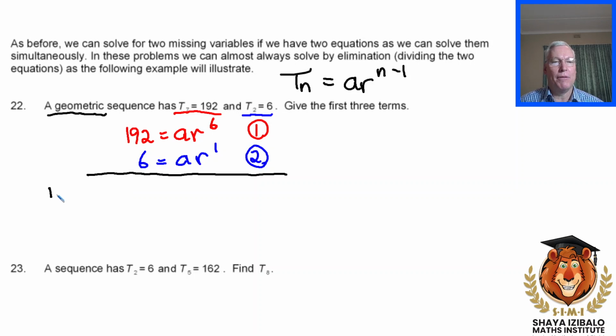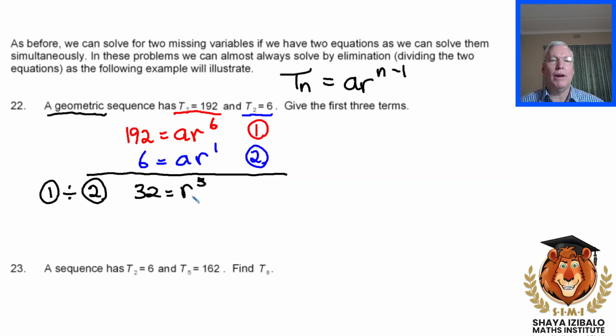If we divide them, so we're going to go equation number 1 divided by equation number 2, what we get here, 192 divided by 6 is actually 32. What we get here, the A's divide out, they eliminate, and we get R. Remember our exponent rules? Subtract the powers, we get R to the 5.